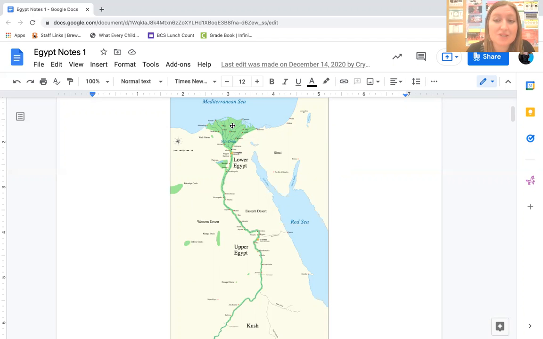The soil there is good for growing things. It's rich soil. In fact, along the Nile, we call that rich soil in Egypt silt. And you probably noticed that there are a lot of splinters of the Nile at the delta, that upside down triangle, where it spills into the Mediterranean Sea.